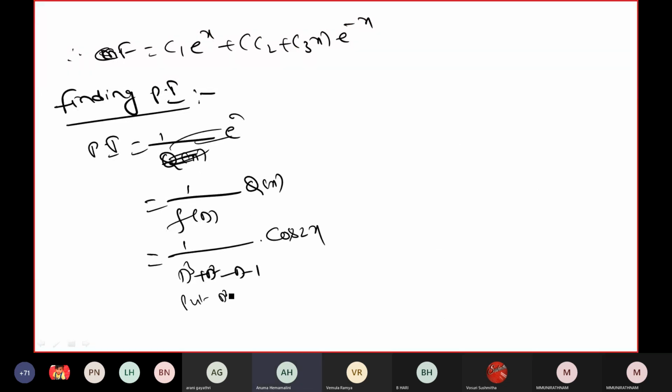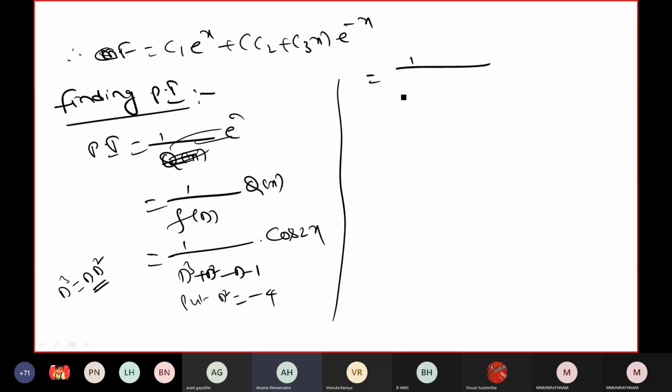Put D square equal to minus 4. D cube ante, D into D square. అందుకనే D cube place లో D into minus 4, D square ante minus 4, minus D minus 1.